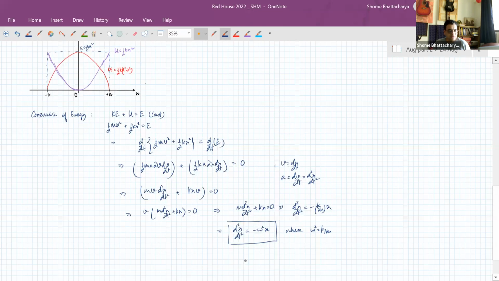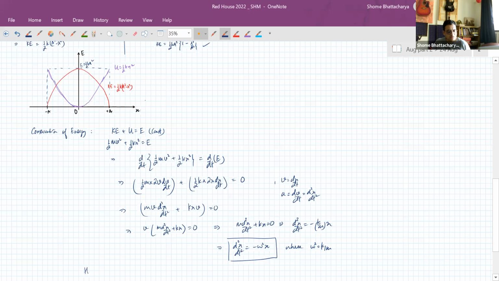So this basically shows us that any system with constant total energy such that the potential energy is of the type half kx square is an SHM.